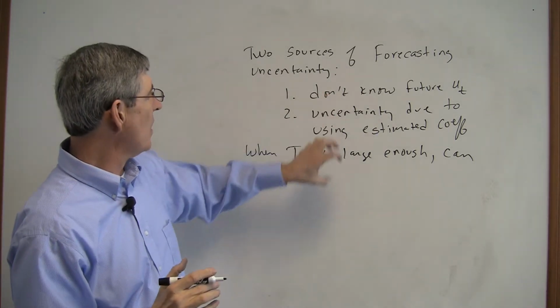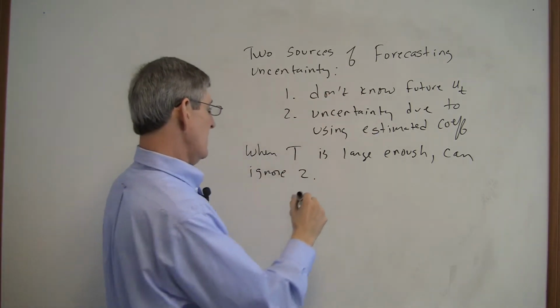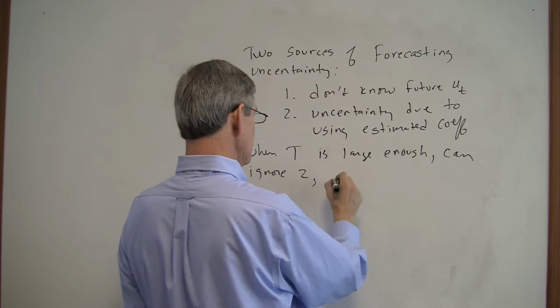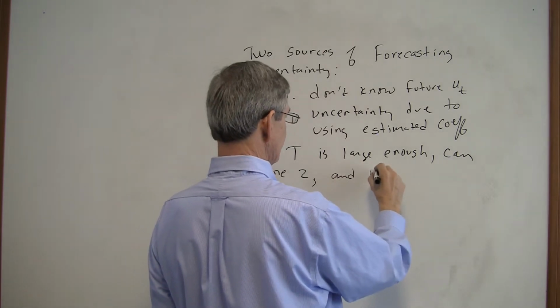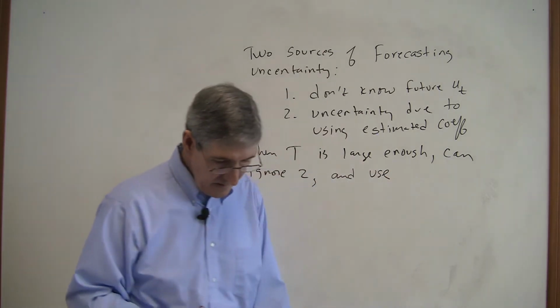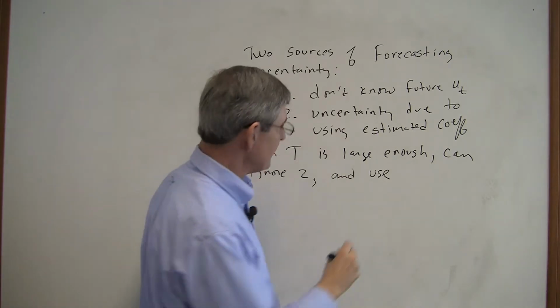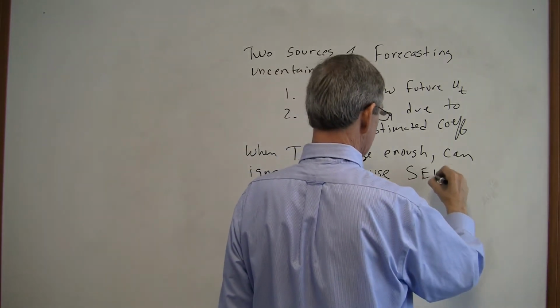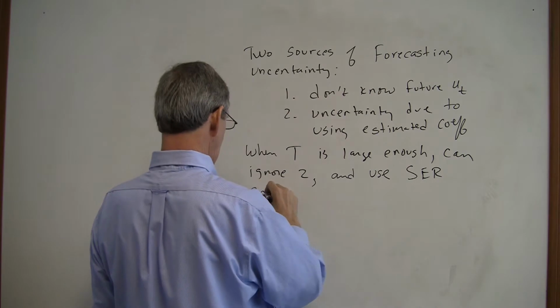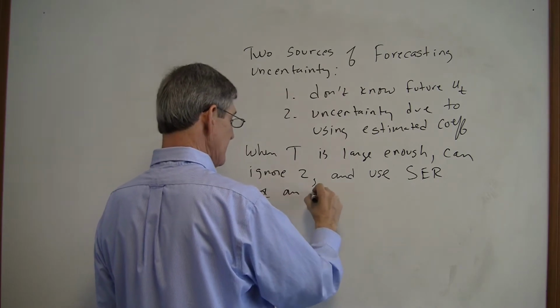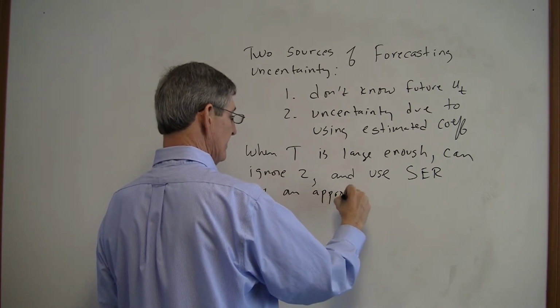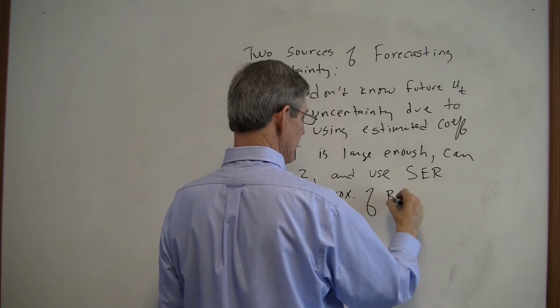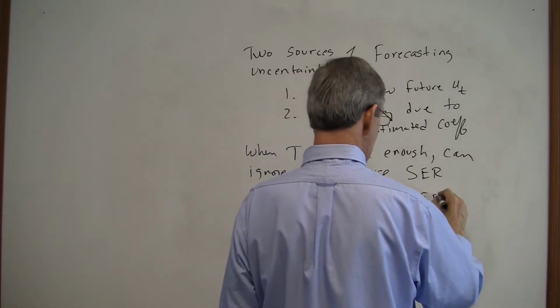So this gets really small when t is large. We can ignore two and use the standard error of the regression as an approximation of the root mean square forecasting error.